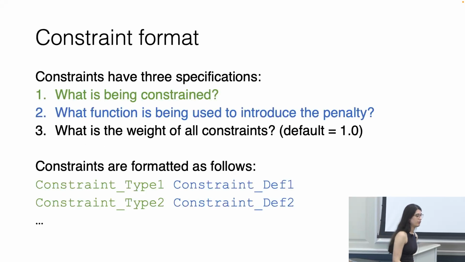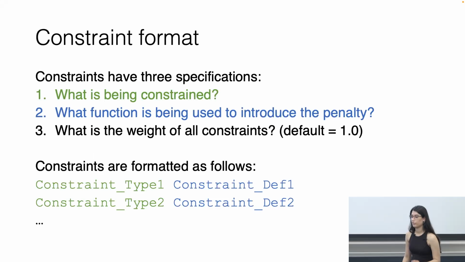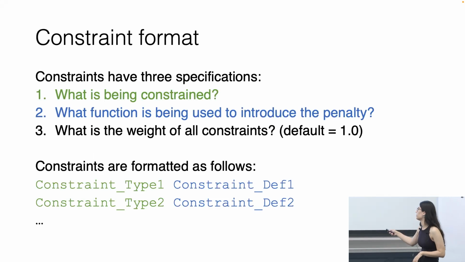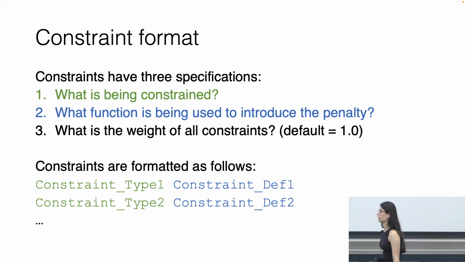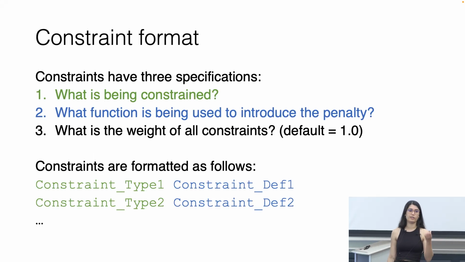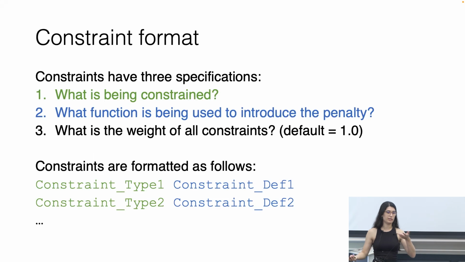So let's talk about how you might want to define a constraint. You're going to take a look at an actual constraint file later on. So just by default, the weight of any defined constraint is going to be 1. You're able to change that. It is relatively arbitrary. So 1 itself doesn't really have any units or anything. It's just the weight.